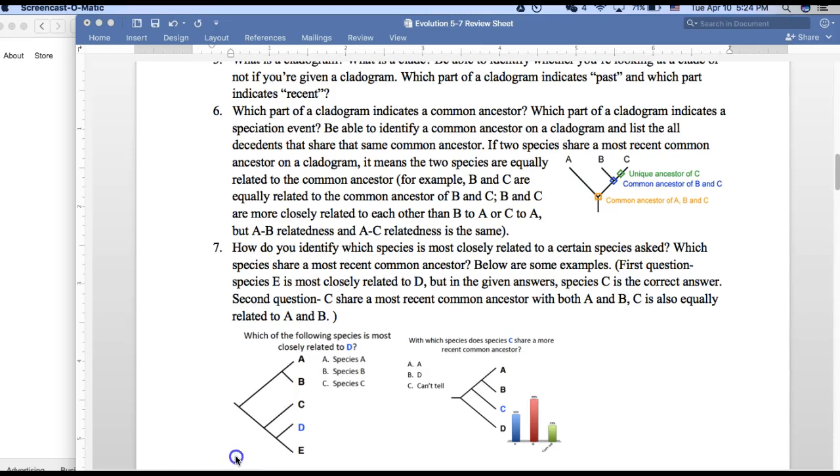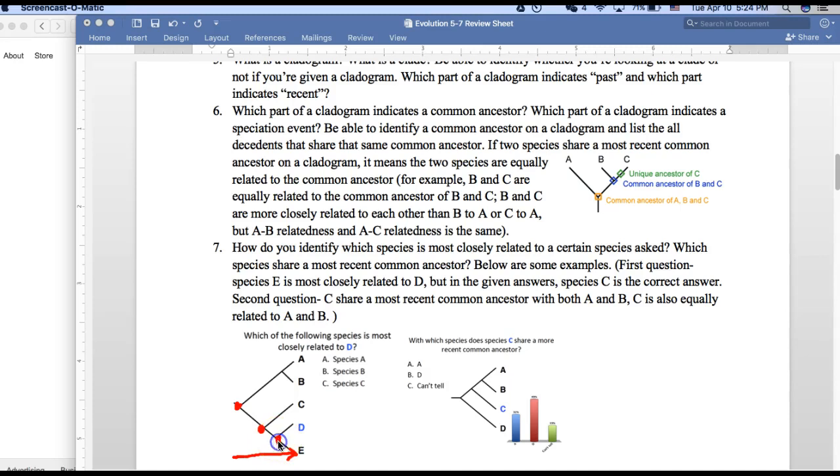It'll make it easier for you to tell where the common ancestor is and where the most recent common ancestor is. So for example, I drew a timeline right here. If you look at the common ancestor, this one, and this one. If I were to ask you, let's say 1, 2, and 3, which common ancestor is the most recent common ancestor?